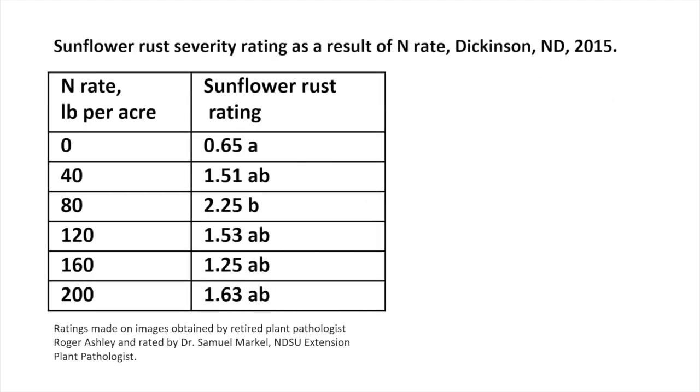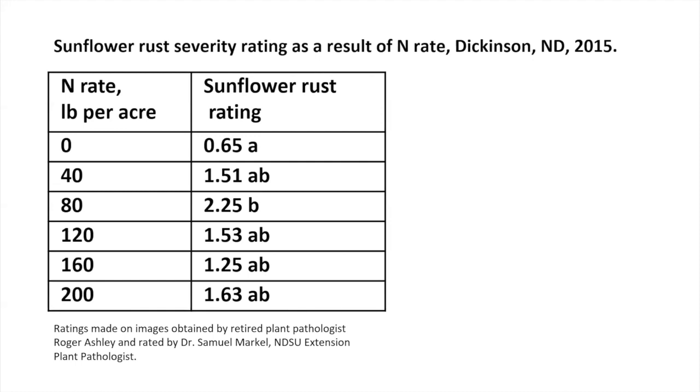One of the things that really isn't factored into our recommendations is the effect of nitrogen rate on disease. I saw it, but I never really had that, oh my gosh, V8 moment until the very last site at Dickinson. I was working with Roger Ashley, the retired plant pathologist.